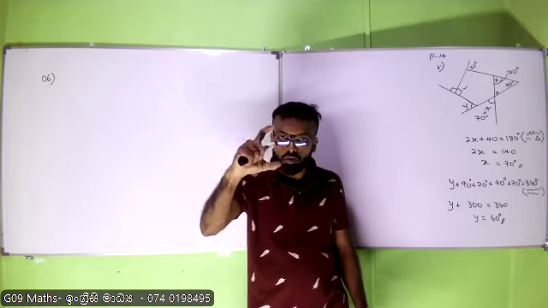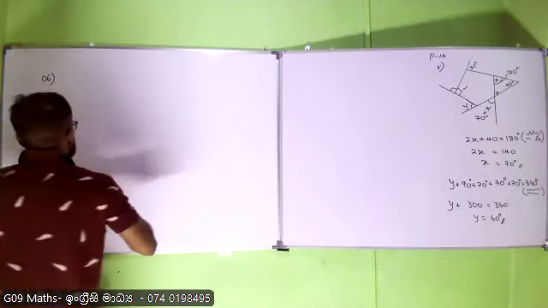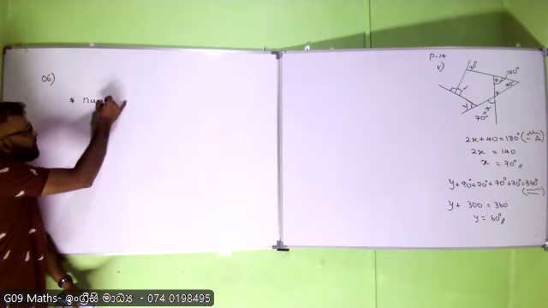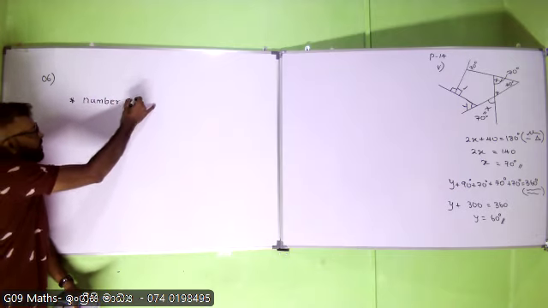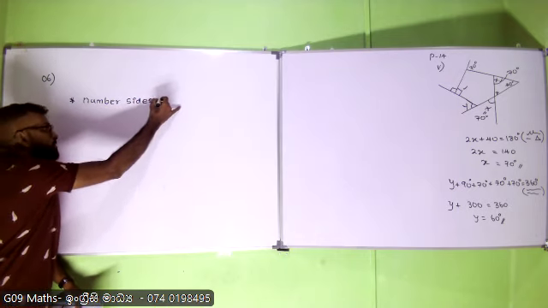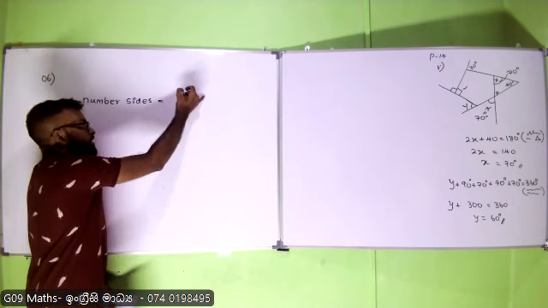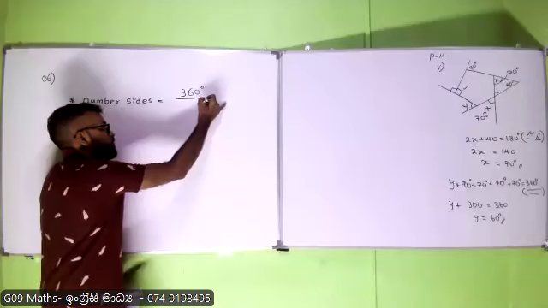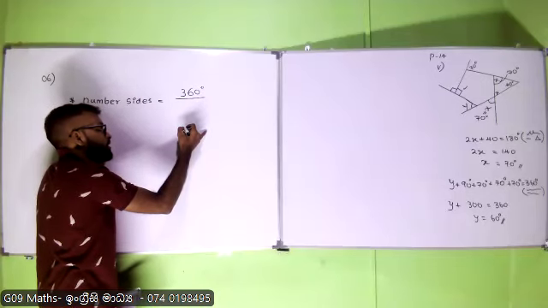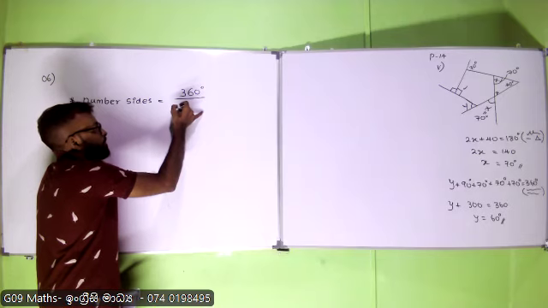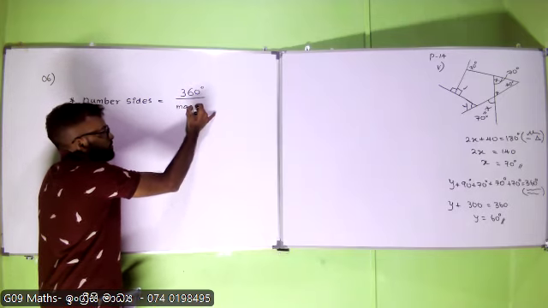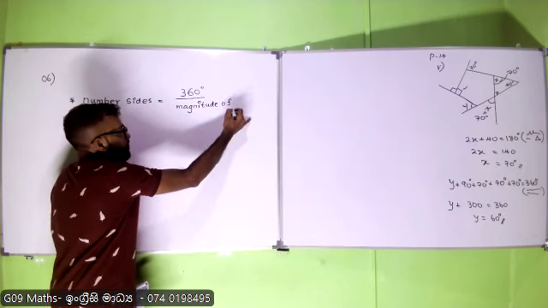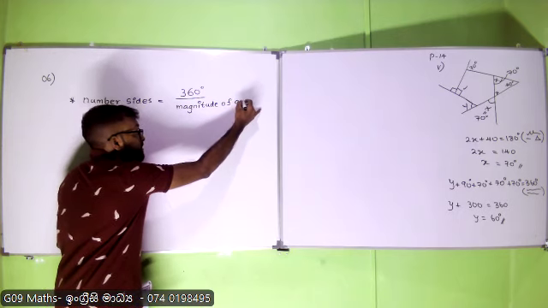So basically, what you need to remember is this, this is what is important: the number of sides can be obtained by dividing 360 degrees, the summation of the exterior angles of a polygon, by the magnitude of an exterior angle.